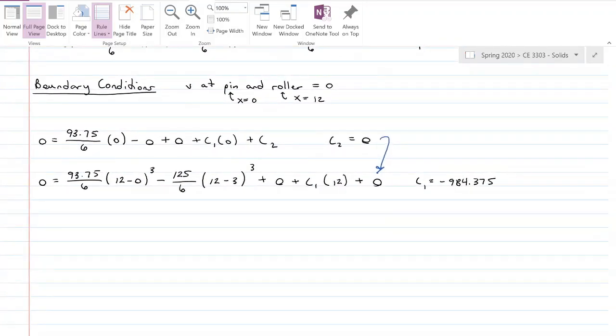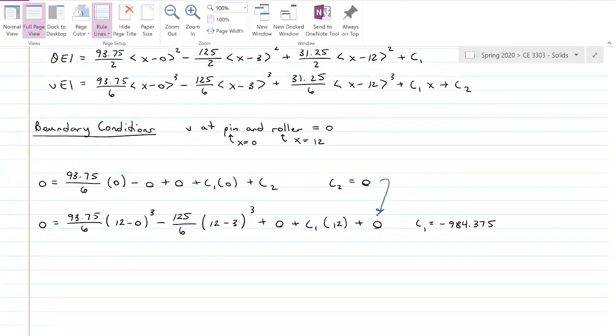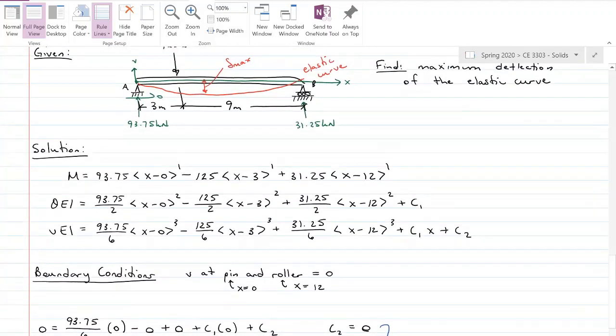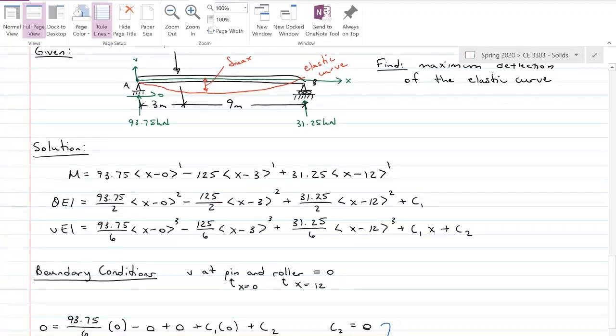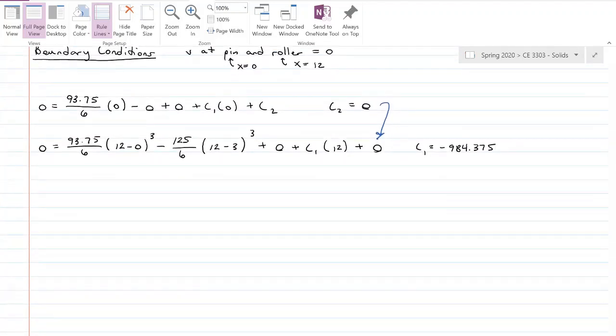Now we're going to do the slope equations, because if I look back up here, where is the maximum deflection? Well, that's when the curve changes shape. That's the vertex, right? So that's where slope is equal to 0. So that's what I'm going to do. Delta max at theta is equal to 0.